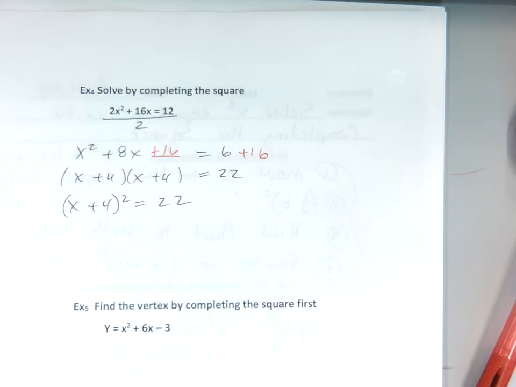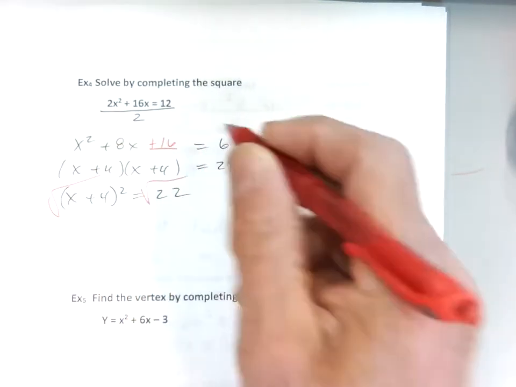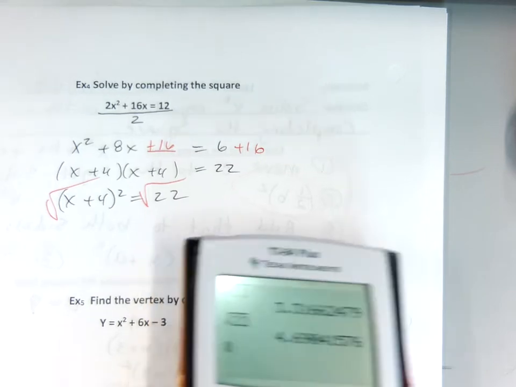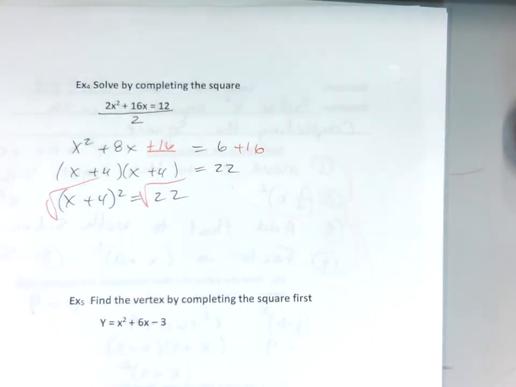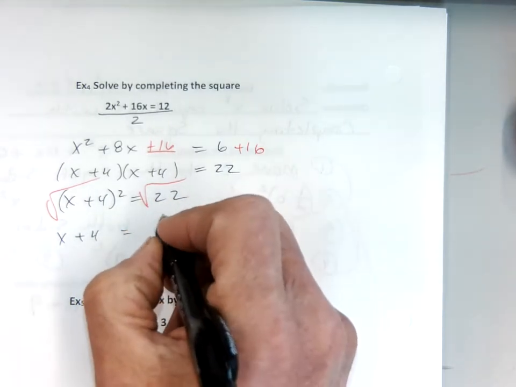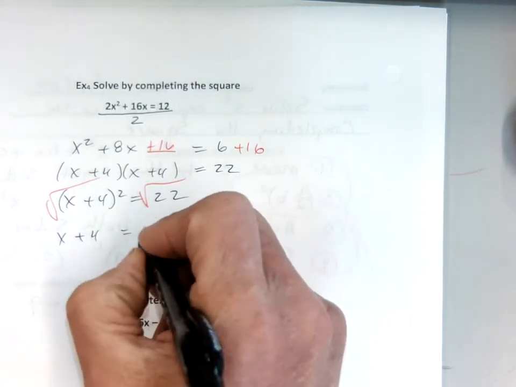Okay. Then we're going to solve, okay? So then I need the square root of both sides, right? You guys agree? Square root, and we're going to go, okay, what is the square root of 22? It's about 4.69. So I got x plus 4 equals 4.69. Yeah, 4.69.